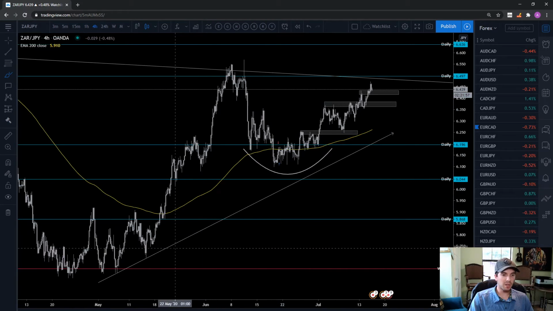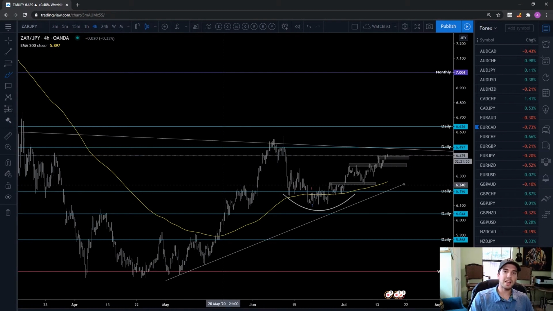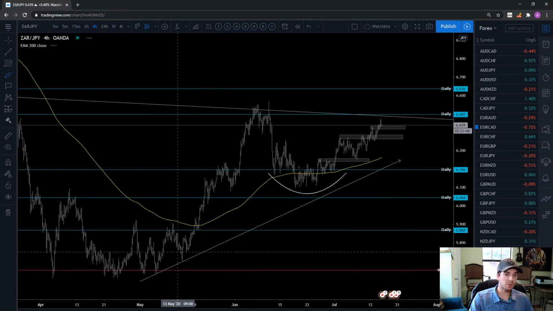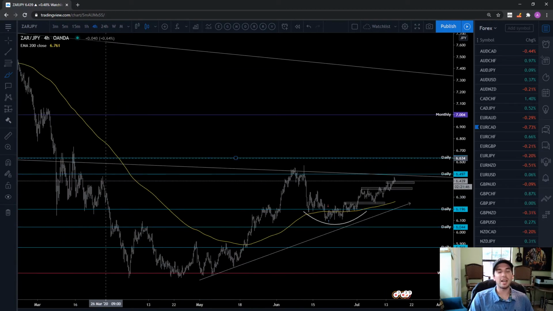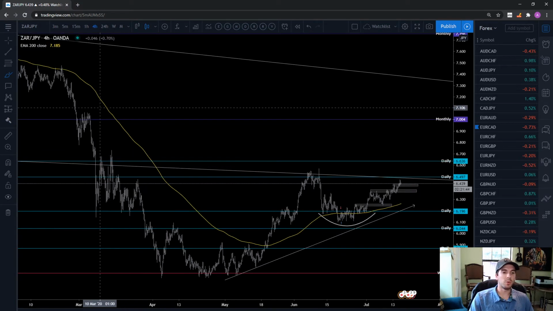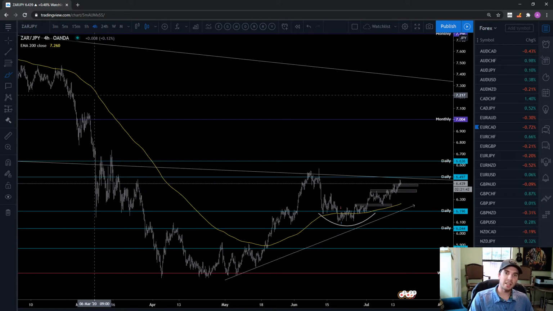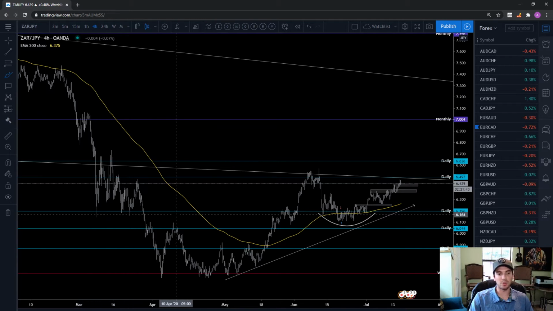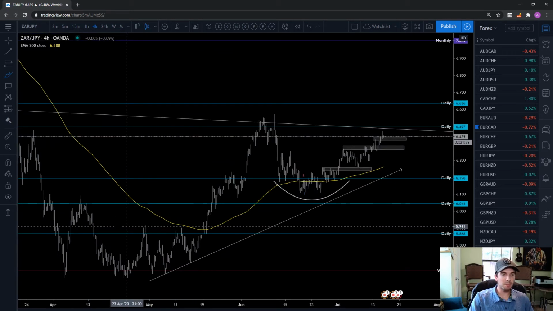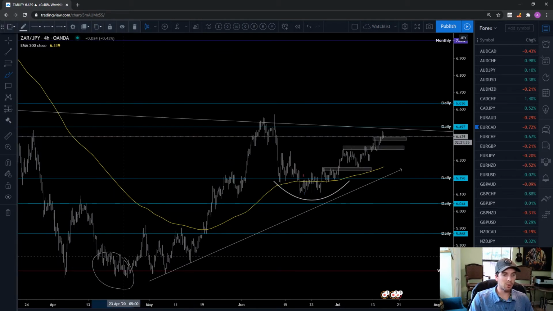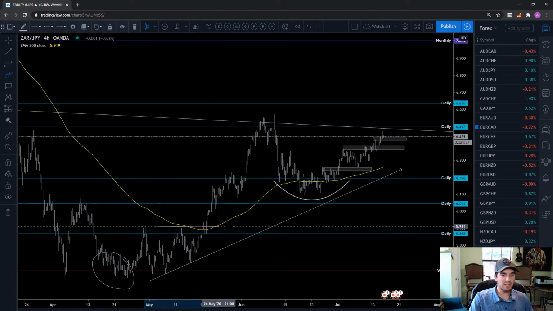The first indication, which you can review in lesson 1 on market structure, that the market was going to break its downtrend, at least in the short term, was that we did not make a lower low, and we breached these highs.